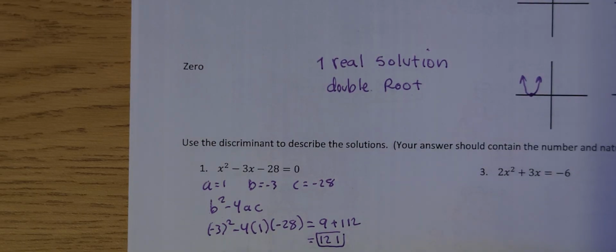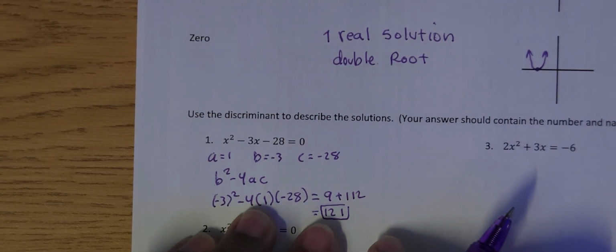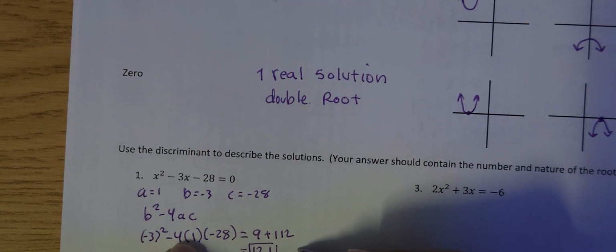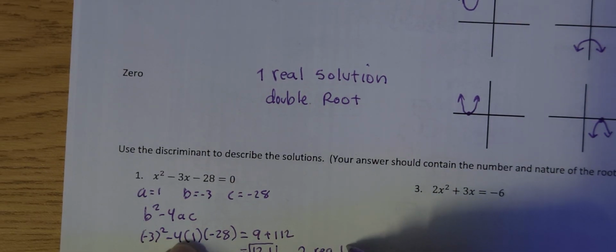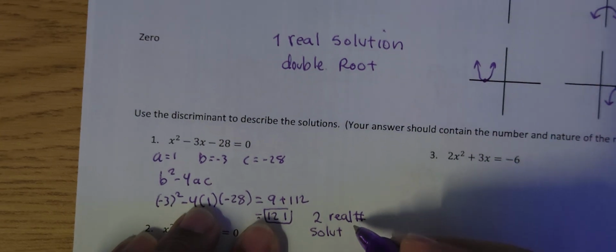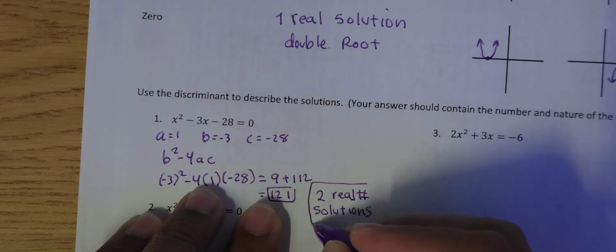So what matters here is not what the solutions are, but the fact that this is a positive number. So in that case, we have two real number solutions. So we will be seeing the graph crossing the x-axis at two different points.